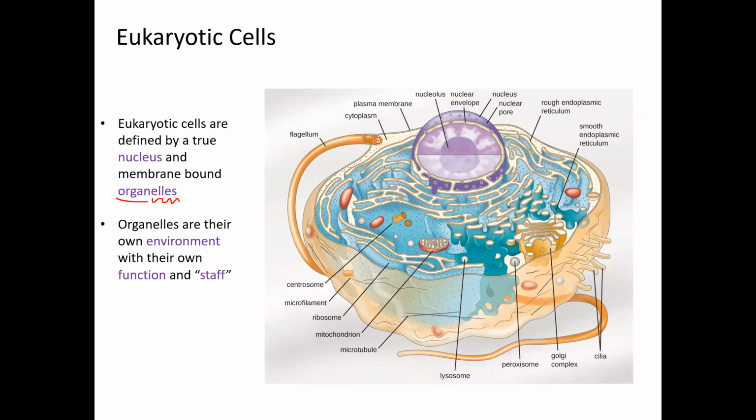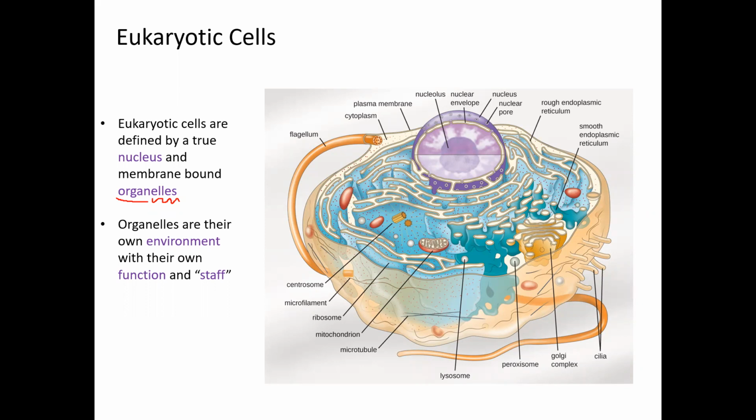And just like the organs in our body, these tiny eukaryotic organs have their own environment, their own function, and their own staff. And again, staff just means proteins and molecules that help that organelle carry out its job, okay?